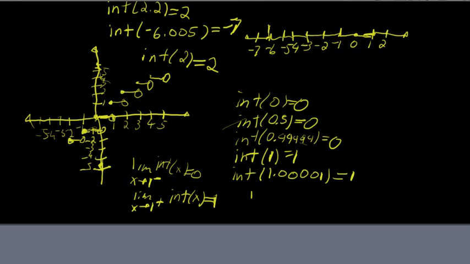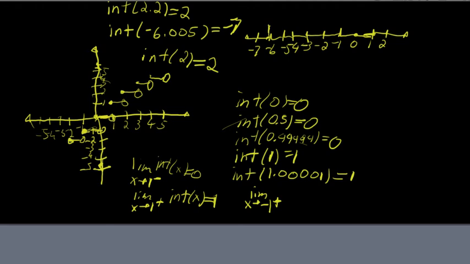And to drive that point home, let's say we wanted to see the limit as x tended to -1 from the right. So remember, this plus does not mean positive values of x. It just means we're approaching this number from the right.